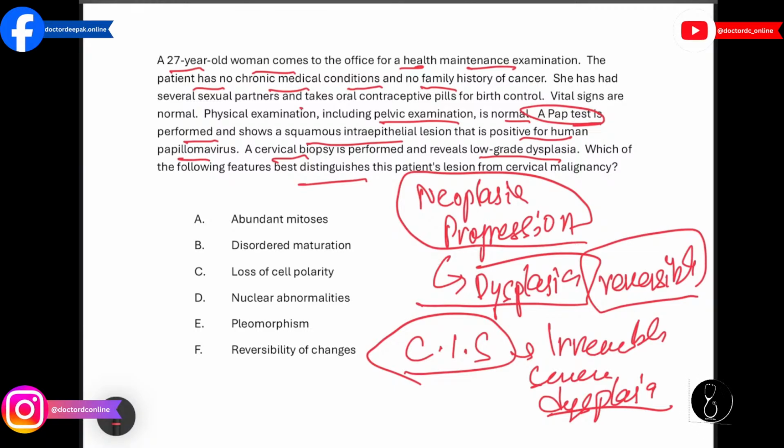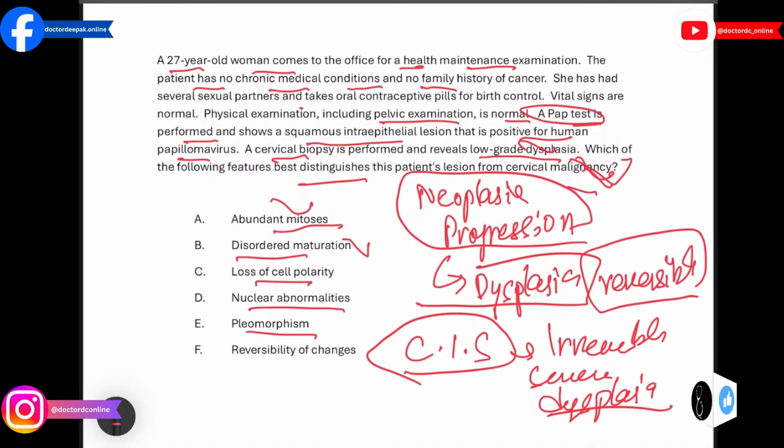They are asking, if I compare low-grade dysplasia with a malignant tumor, what will be different? Abundant mitosis, yes, in malignancy there will be abundant mitosis. Disordered maturation, yes, it has that. Also cell polarity loss, it has that. Nuclear abnormality, they have pleomorphism.